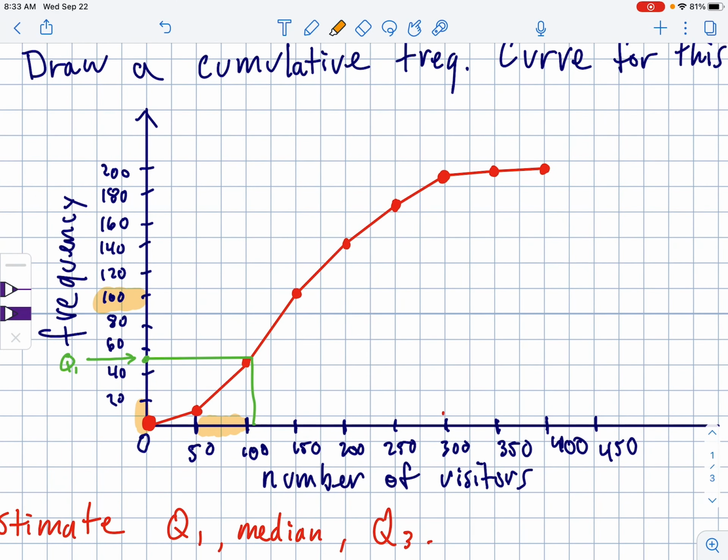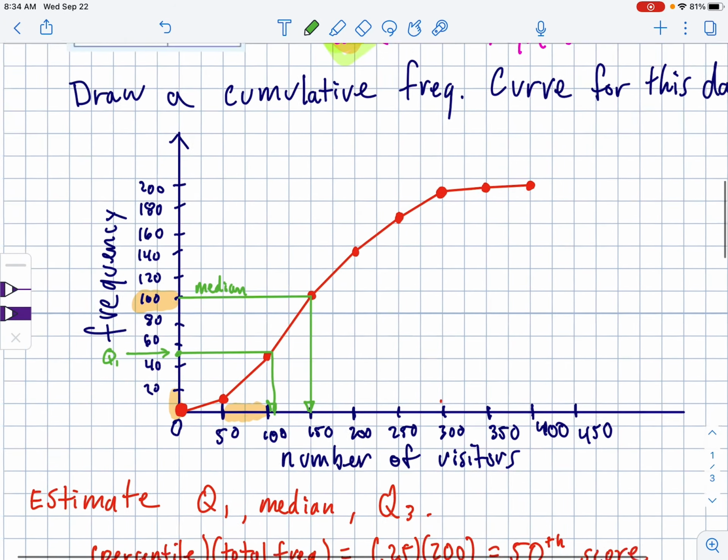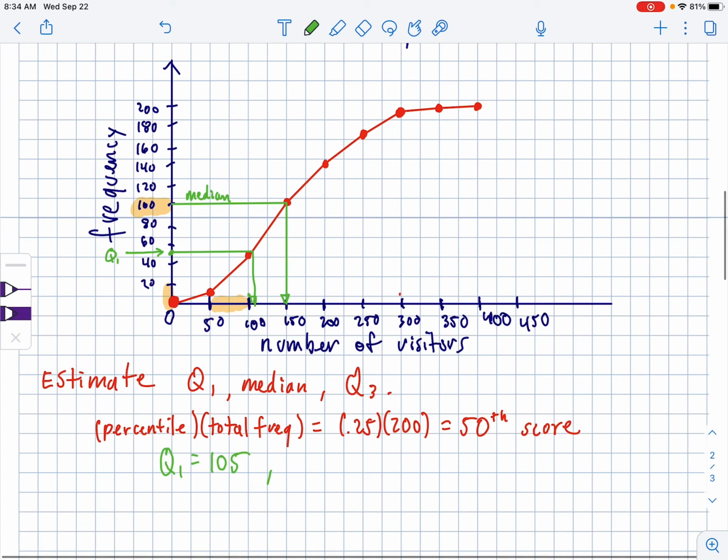So back to my curve, this is where my median lives, but I have to trace it over to the curve, right about there, and then drop a line down. Sure, let's say it's 150. So this is the median. The median is about 150.